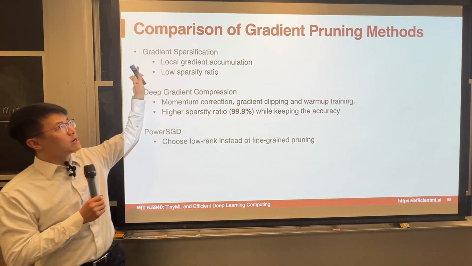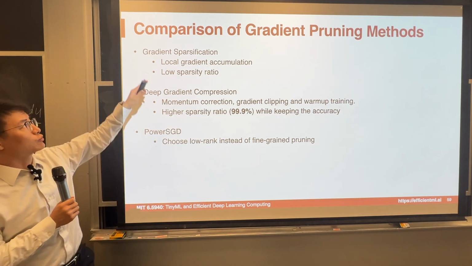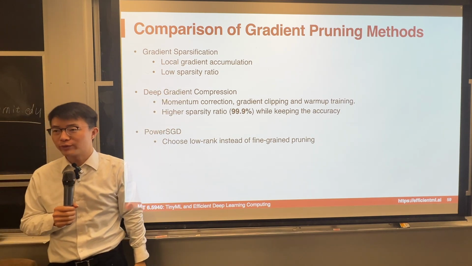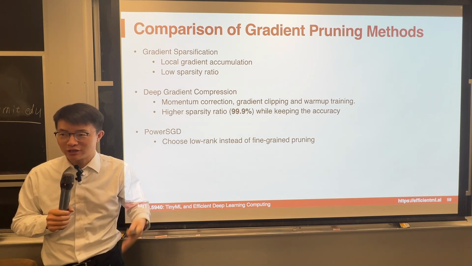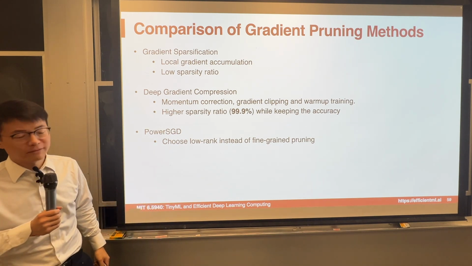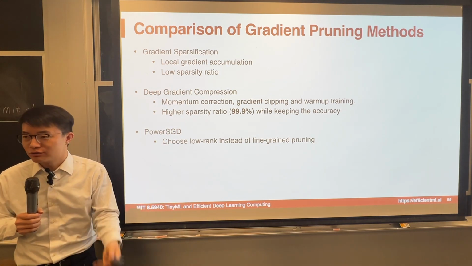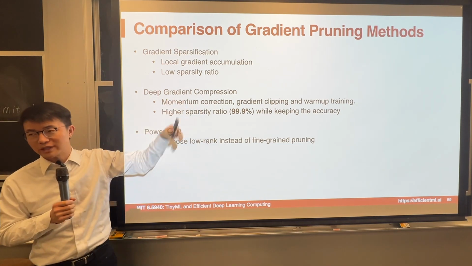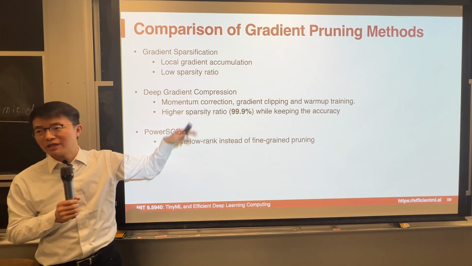So let's compare different gradient pruning methods. For gradient sparsification, we can first do local gradient accumulation to give those small gradients a chance to get accumulated, get large enough so that they can get sent out. But this has a low sparsity ratio. In order to achieve a high sparsity ratio, we talked about the deep gradient compression technique, which introduced momentum correction.